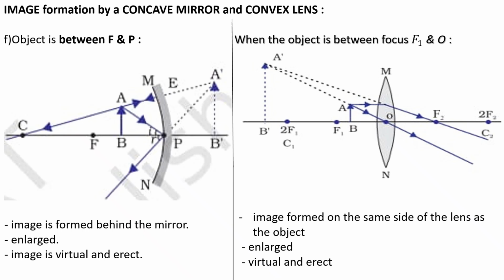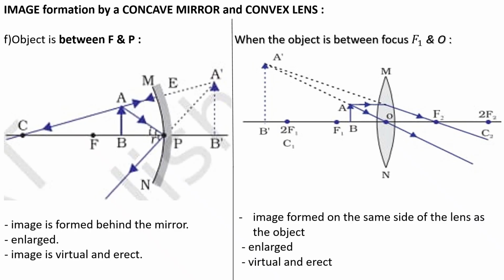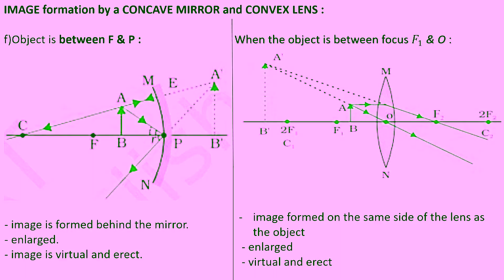In the case of the lens, at 2F1, that is, at C1, the image formed is of the same size. Beyond 2F1 and in between the optic center, or anywhere between the optic center and 2F1, the image formed is an enlarged image.